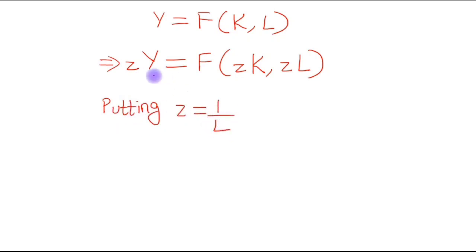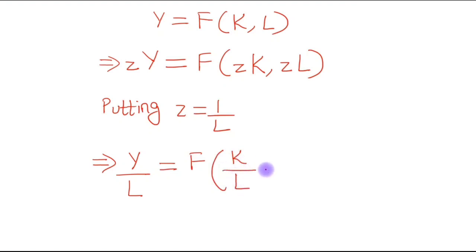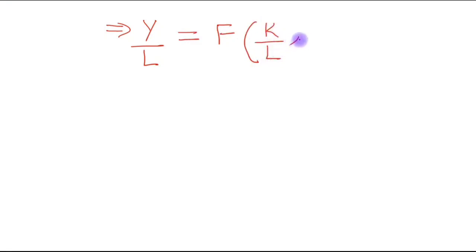This equation will become Y by L equal to F of K by L comma L by L. In the next step, we can write Y by L equals F of K by L comma L by L equal to 1.